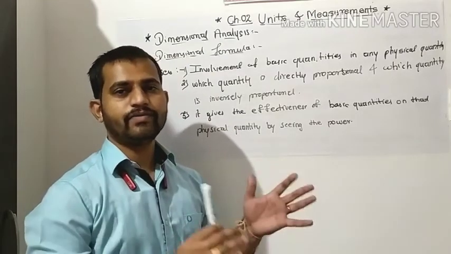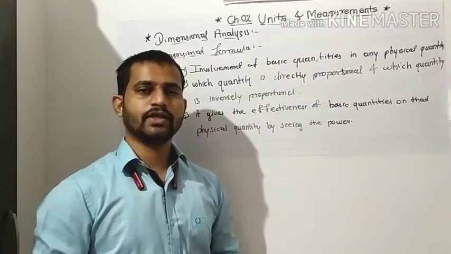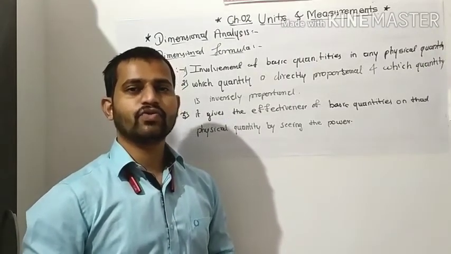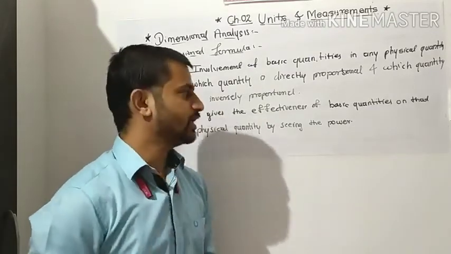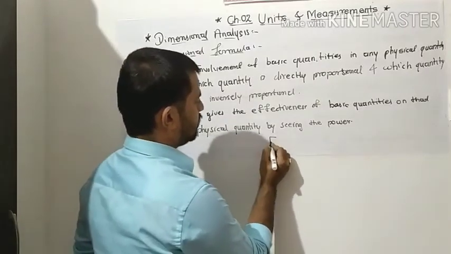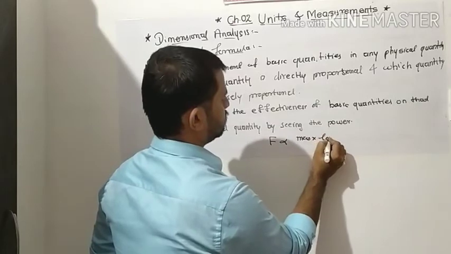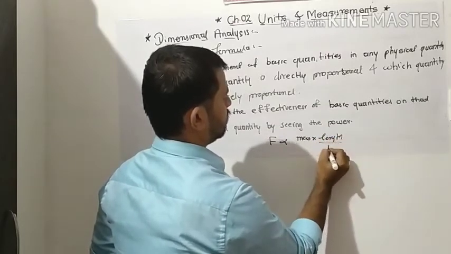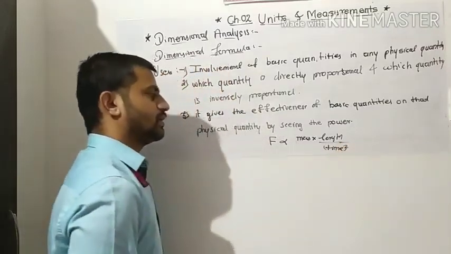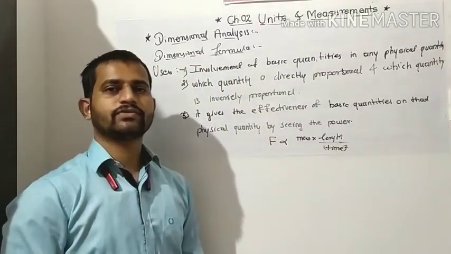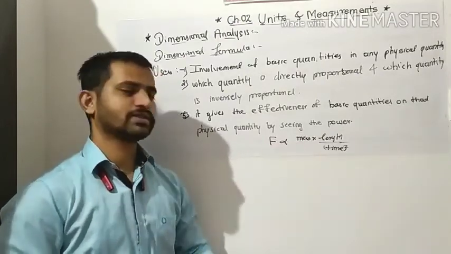Then if any physical quantity depends on the fundamental quantities, we can get the idea which is more effective. Suppose we take the example of force. Force is mass into length upon time square. So in this, if we have to increase the force, we can decrease the time, or we can increase the mass.